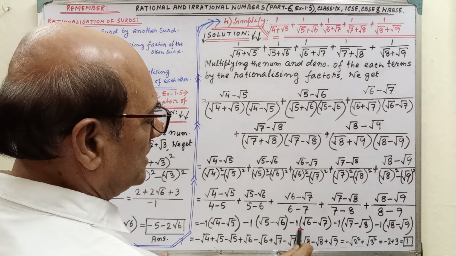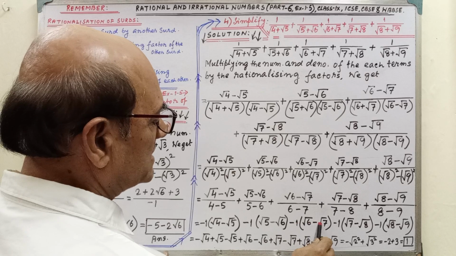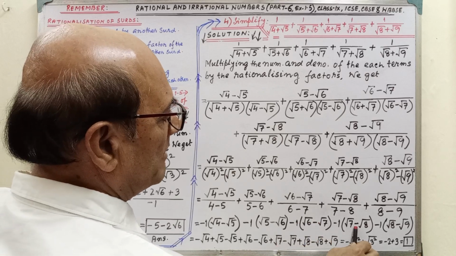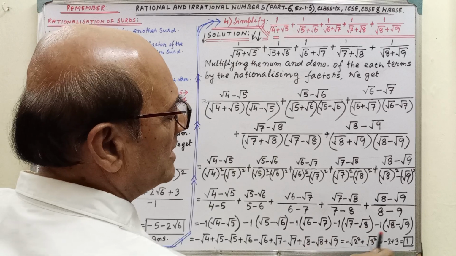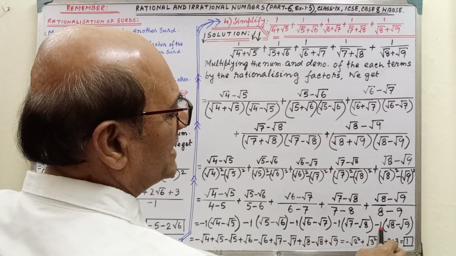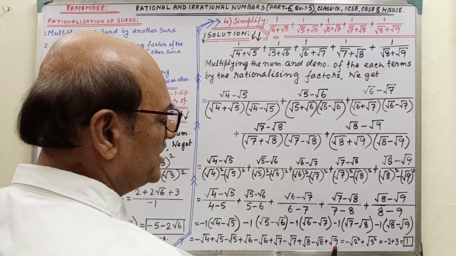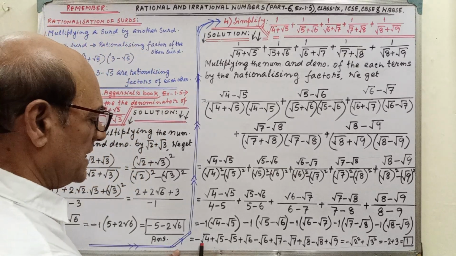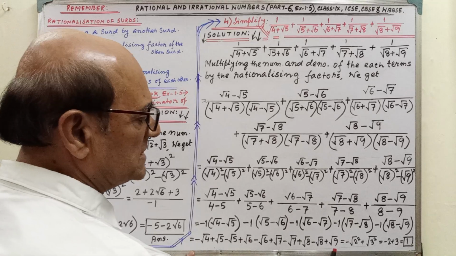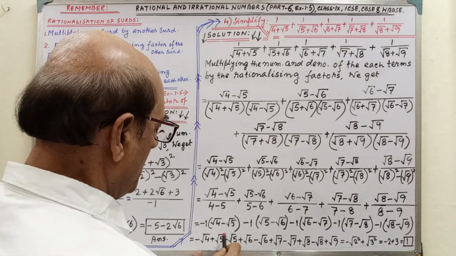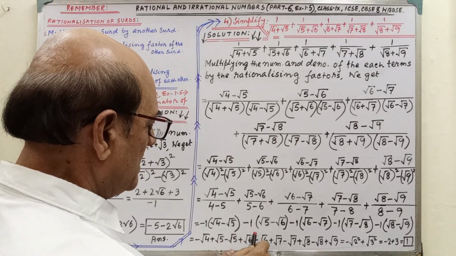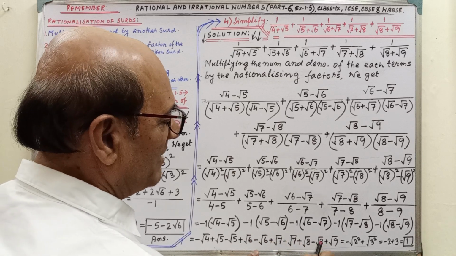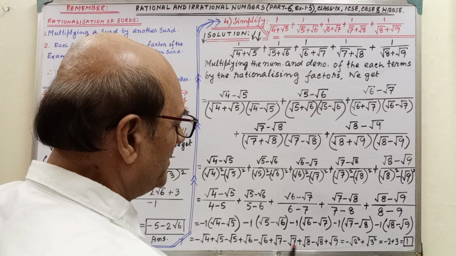Here minus root 6, plus root 7, minus root 7, plus root 8, minus root 8, plus root 9. If you notice attentively, you will easily understand this term is minus root 4 and this is plus root 9. Plus minus, plus minus: all the terms will be cancelled.